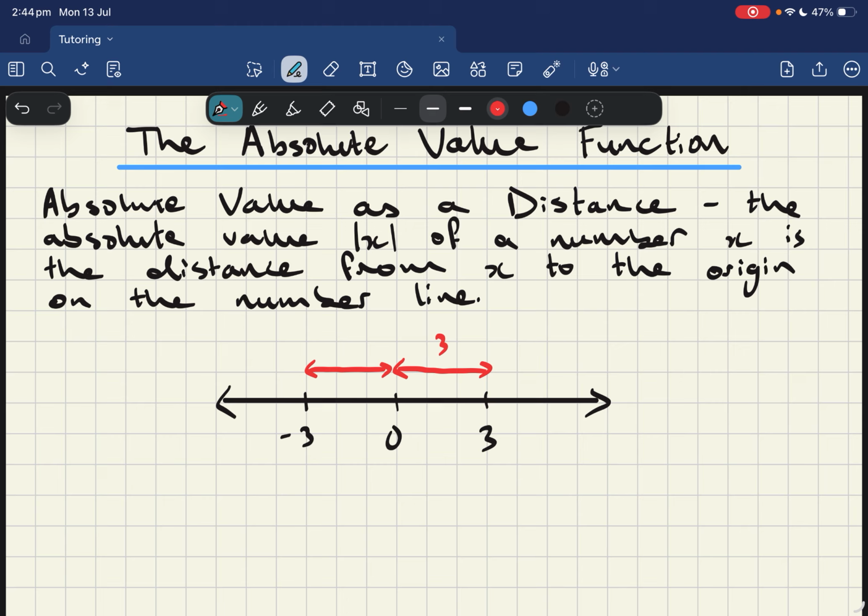Negative 3, although it has a direction associated to it, we're going to the left of 0 instead of to the right of 0, we can still say, whether it's positive 3 or negative 3, it is 3 units away from 0. So when we think about the absolute value of a number, we can think of this in terms of a distance from the origin.